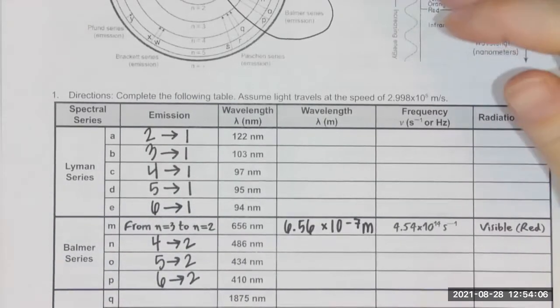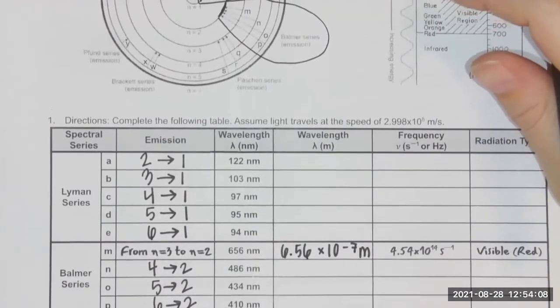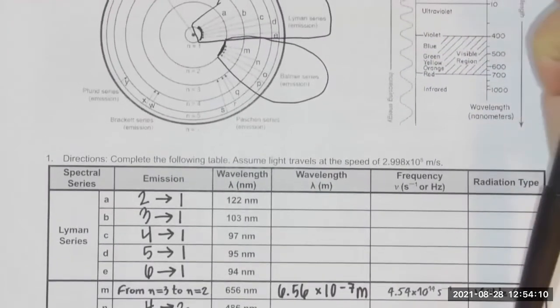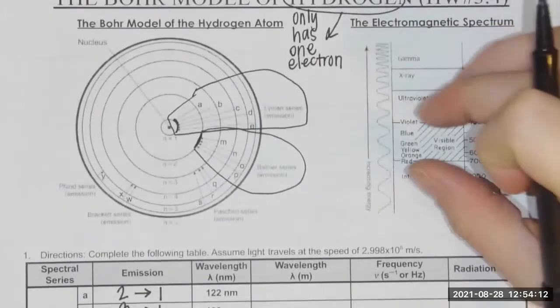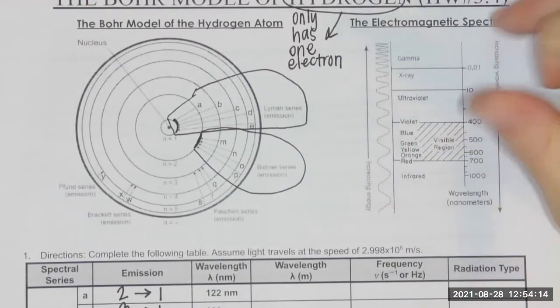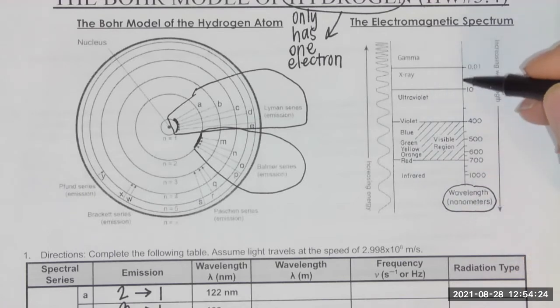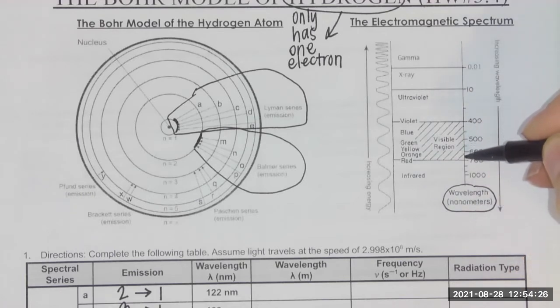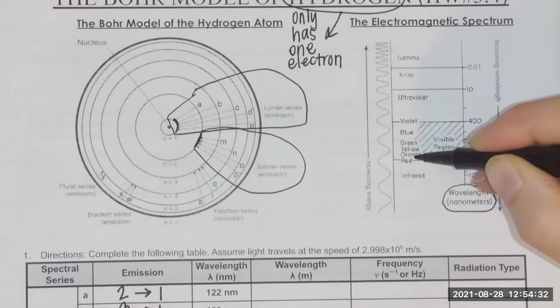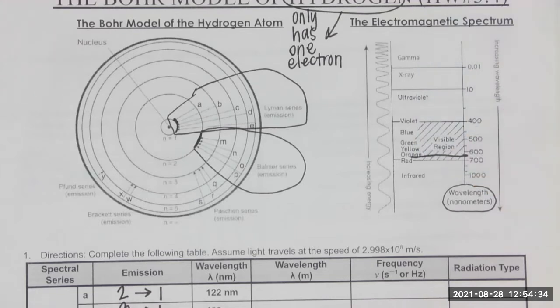If we didn't have our notes with us, you could still figure that out just from the homework by looking up here at this chart of the electromagnetic spectrum. So the wavelength was, what did we say, 656. So over here, this is wavelength, 650, like there is the red one.